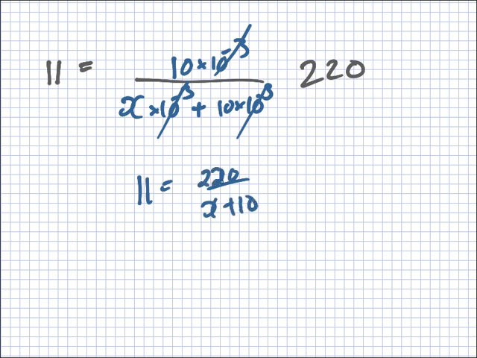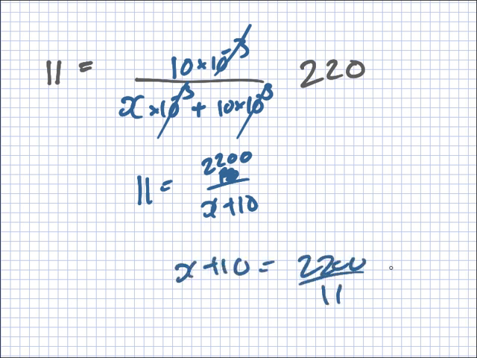That's 2200. So then you get x plus 10 equals 2200 over 11, which is 200. So then x is actually 190.